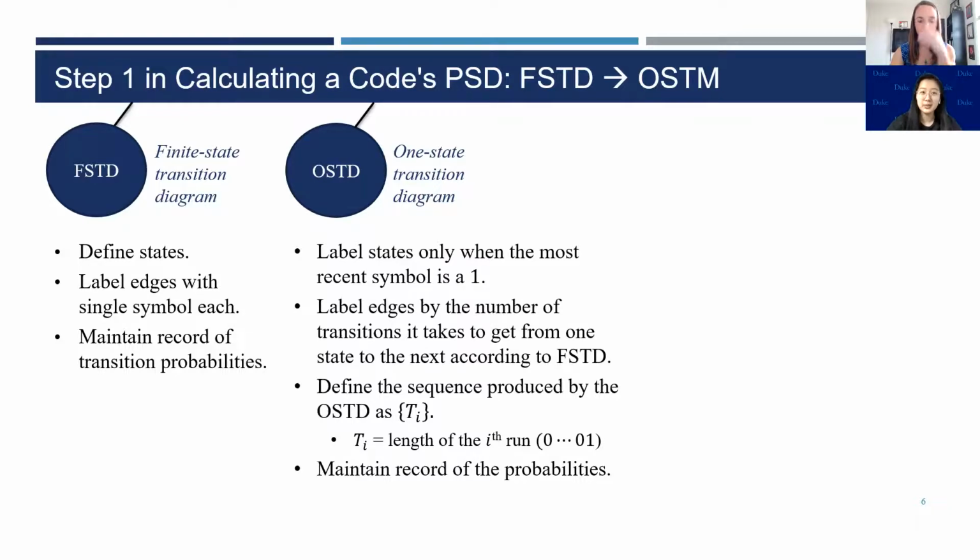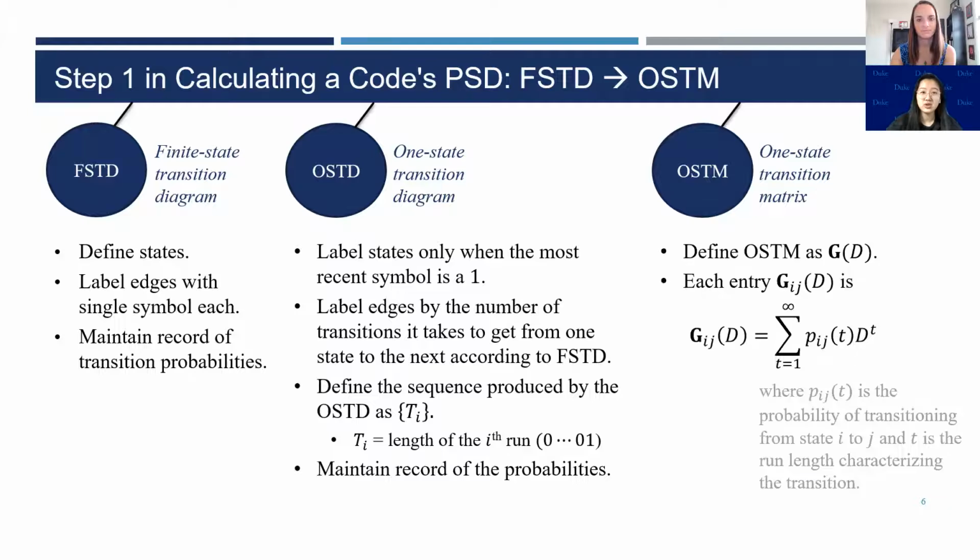This way, you can define the sequence produced by the OSTD as T_i, and each T_i just represents the number of consecutive zeros along with the ending 1 of the i-th run in x_n. We also keep track of the probabilities associated with these edges in the OSTD. And finally, the one-state transition matrix, G_FD, has entries being a summation over all corresponding edges in the OSTD.